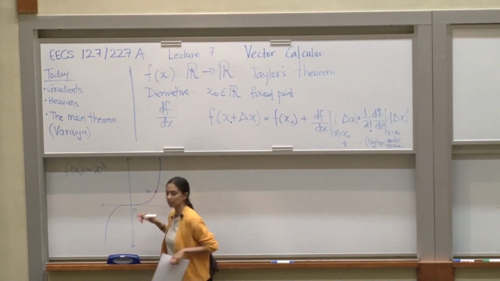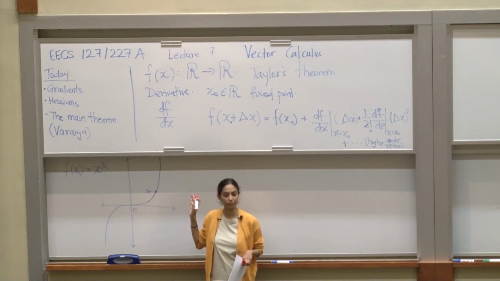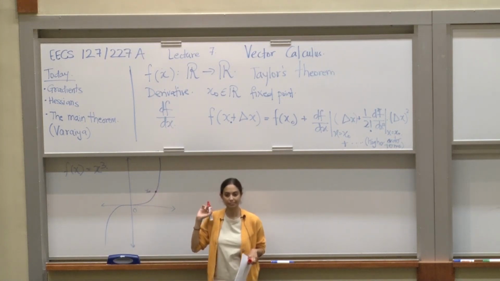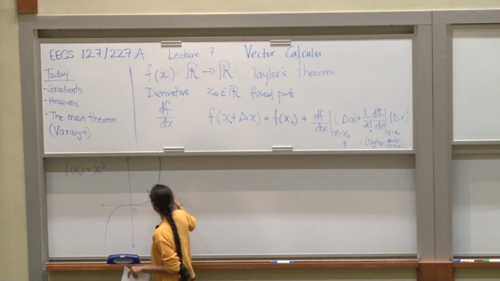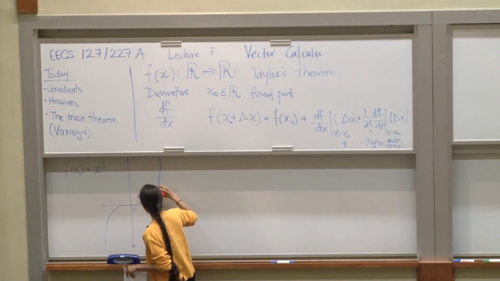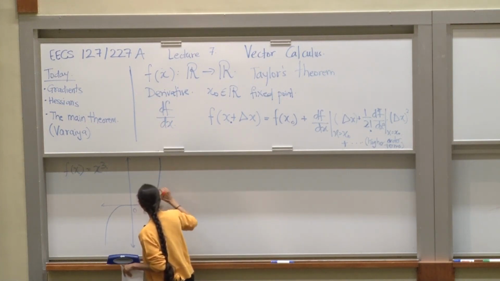What is the linear approximation to this function at this point? Someone else. Maybe make hand motions. Yeah, someone who hasn't participated. Good, yeah. Yeah, a line, right? This is a tangent line here. It is going to be the approximation.